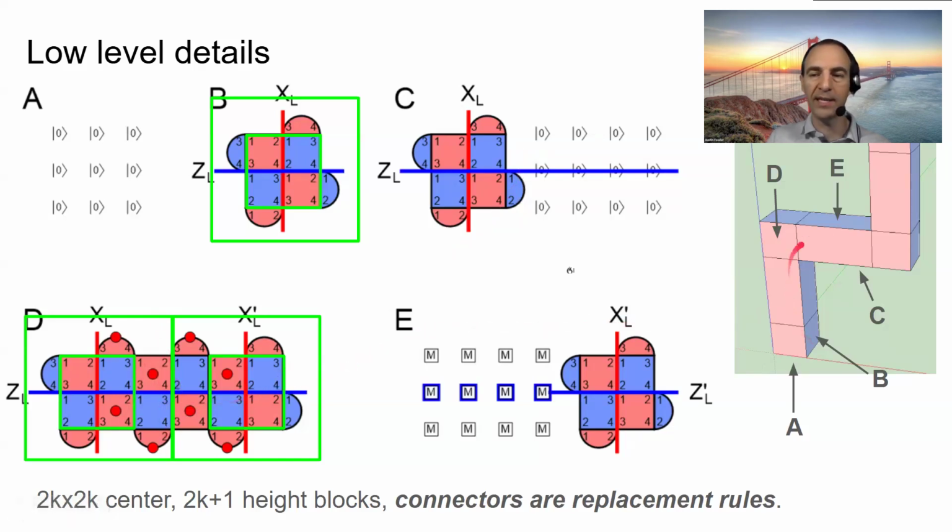So when you look at one of these pictures, which suppress all the details of the quantum circuits, but are equivalent to a very large quantum circuit, it's important to remember that the long connectors are just boundary replacement rules. You replace final measurement of this cube and initialization of this cube with regular rounds of surface code. You replace a blue boundary here and a blue boundary here with regular surface code. So these prisms are replacement rules.